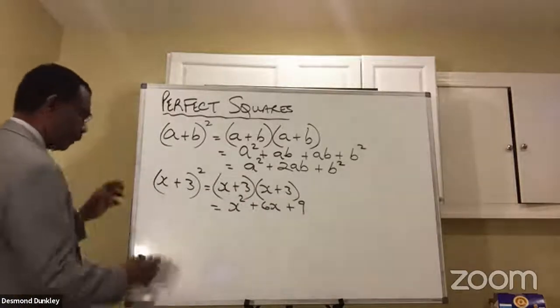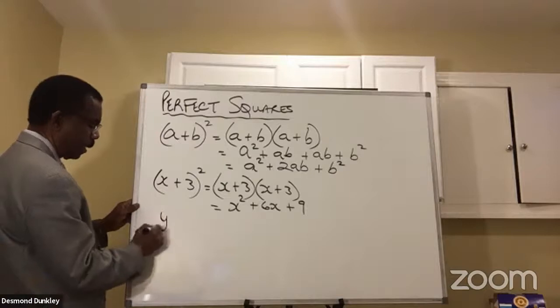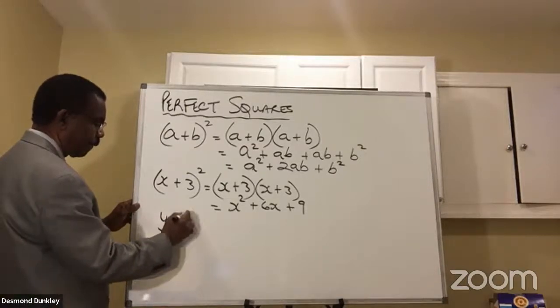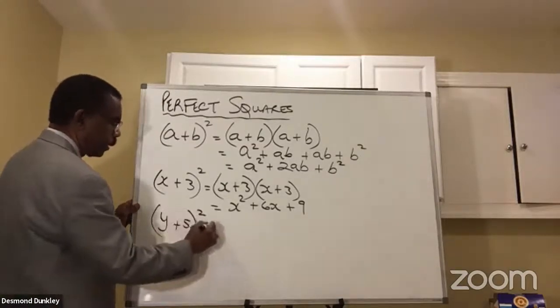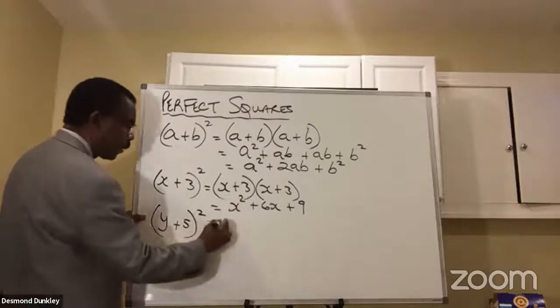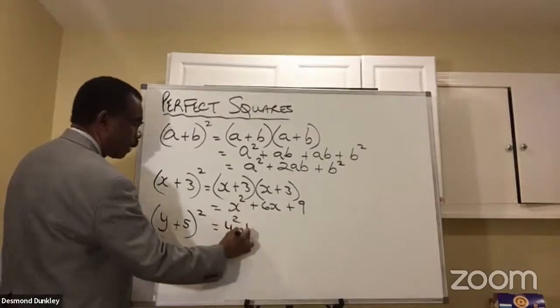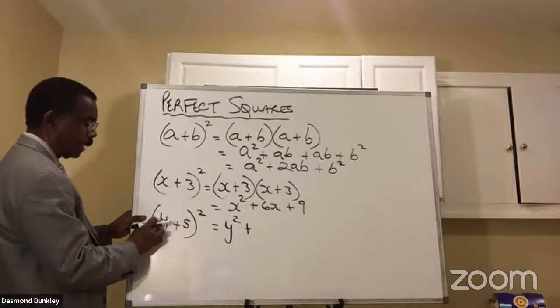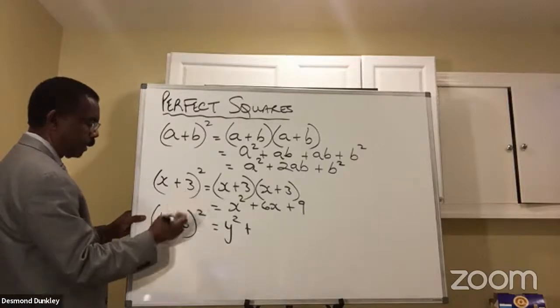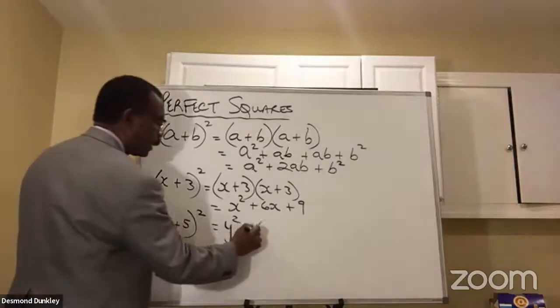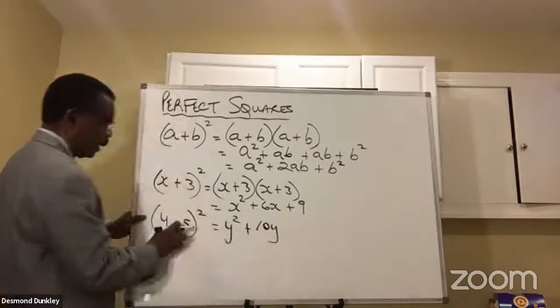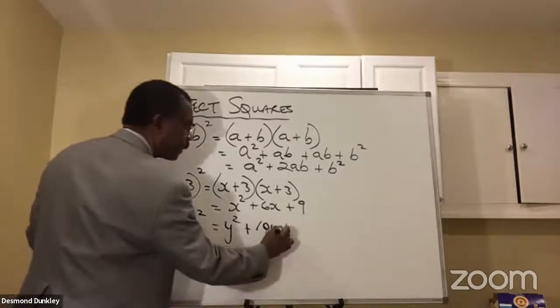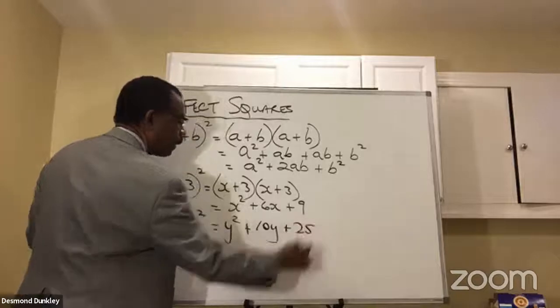So let's go another one. y plus 5 squared is going to be y squared plus, multiply these two and double it. 5y times 2, 10y. And square this, 5 times 5 is 25.